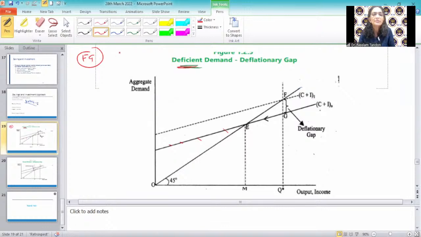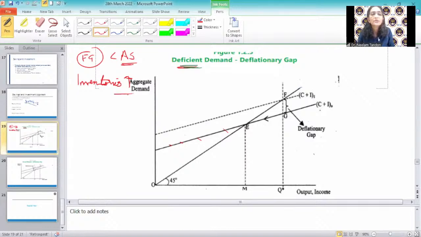Deficit demand means it is less than aggregate supply. That is why corporate overall inventories will be more, because aggregate supply is more and demand is less.